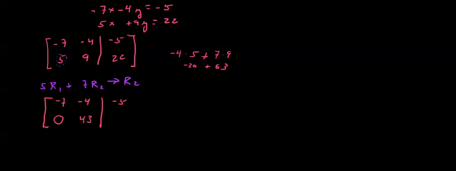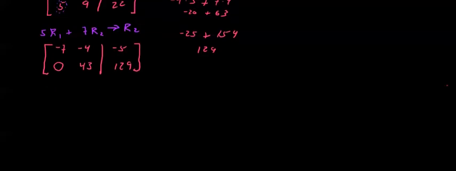I'm sorry, 5 times negative 5 is negative 25. 7 times 22 is 140, 154. Added together is 129. All right, hope my math is right.